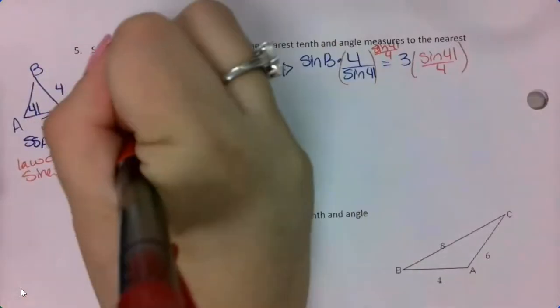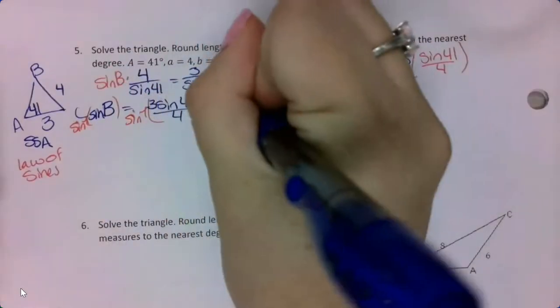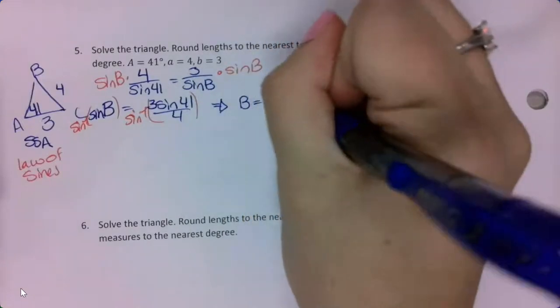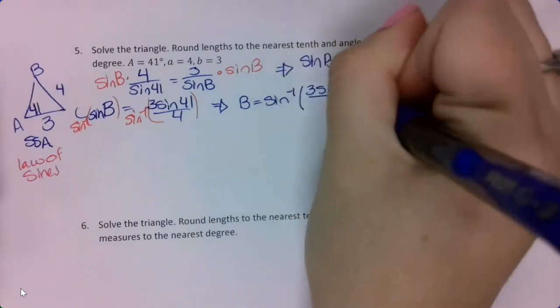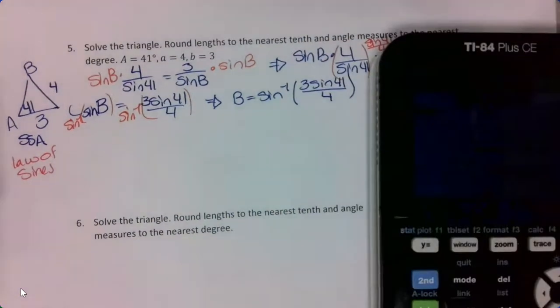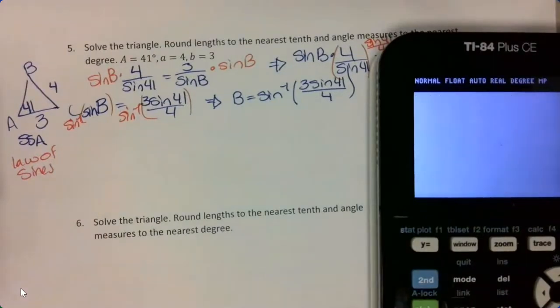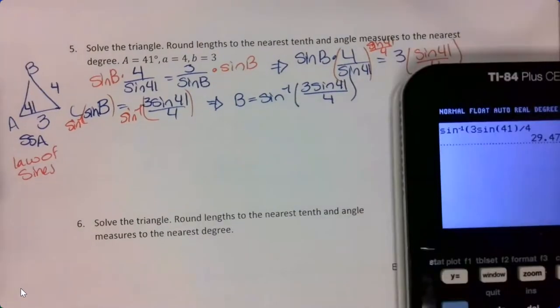Remember, inverse sine always gives us an angle measure. This gets me 29 degrees, and since answers are whole numbers, 29.